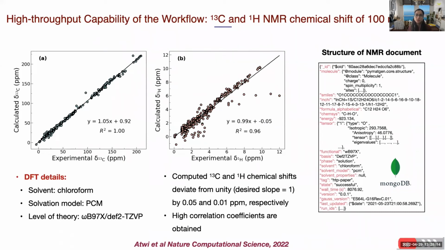and the next step, we also show how this framework reduces the effort of performing and managing hundreds of DFT calculations to a tiny Python script. Here we computed over 300 carbon and 600 proton NMR chemical shifts for hundreds of molecules downloaded from the STBS database.